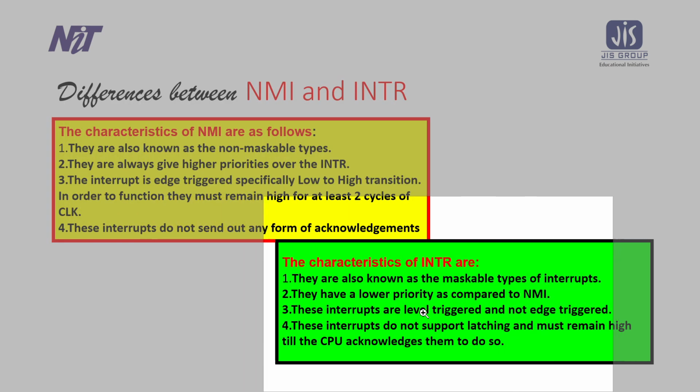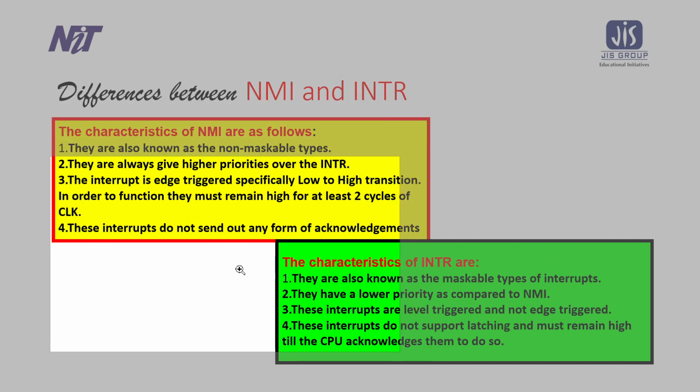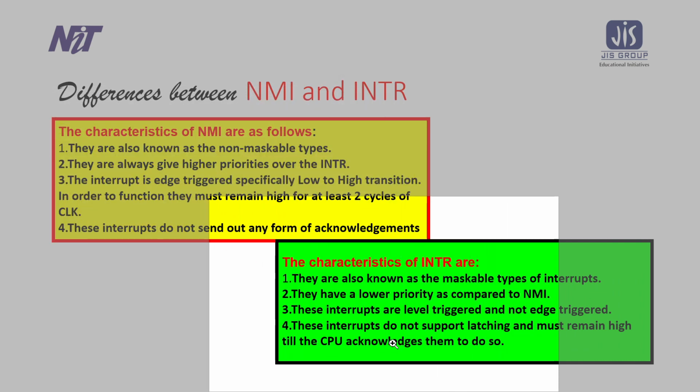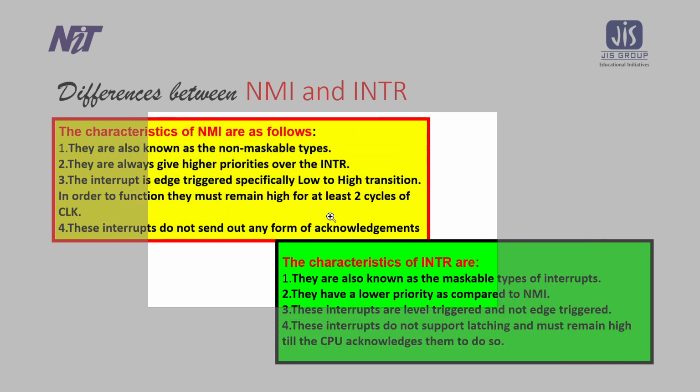These interrupts are level triggered, not edge triggered, while NMI uses edge triggering. And finally, this interrupt does not support latching and must remain high till the CPU acknowledges it. So these are the differences between the NMI and INTR.